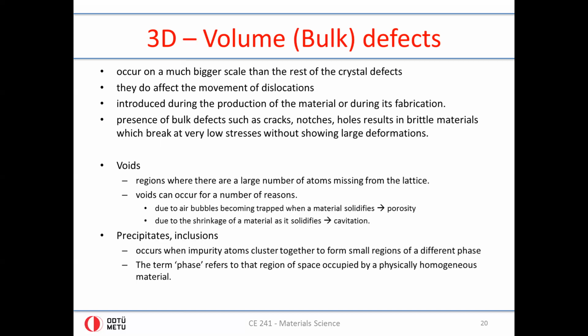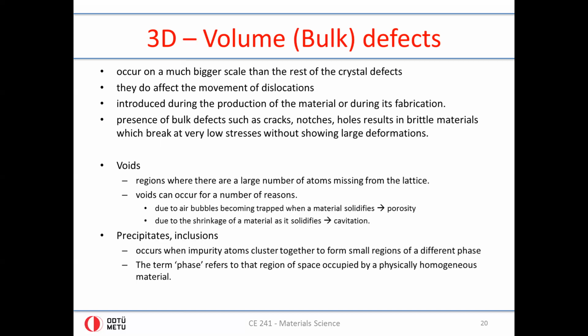In that if you have a defect-free sample of the material, and a defective sample with bulk defects, you would see that the defective sample would break unexpectedly at very low levels of discomfort, at very much lower forces applied than otherwise. So voids are an example. They're regions where many atoms are missing. So what might be the reason for this?